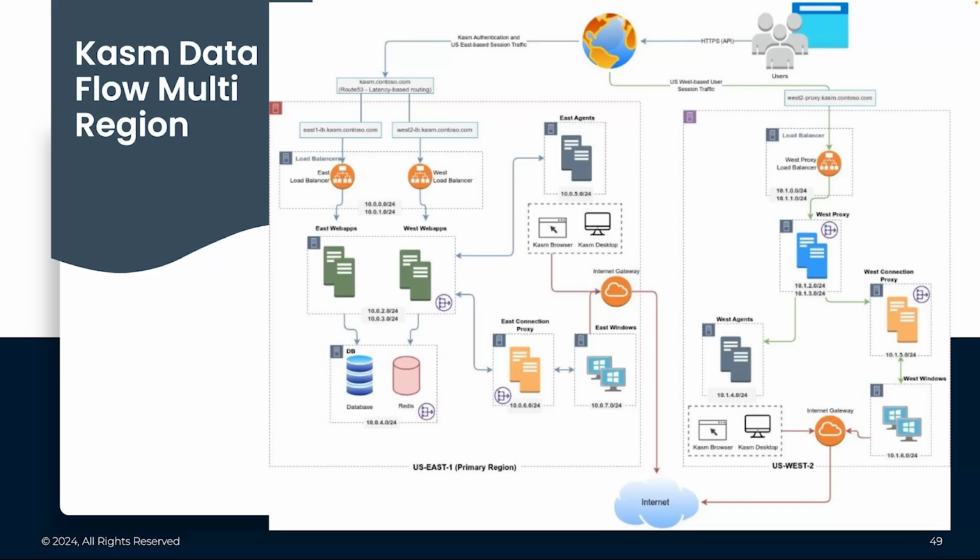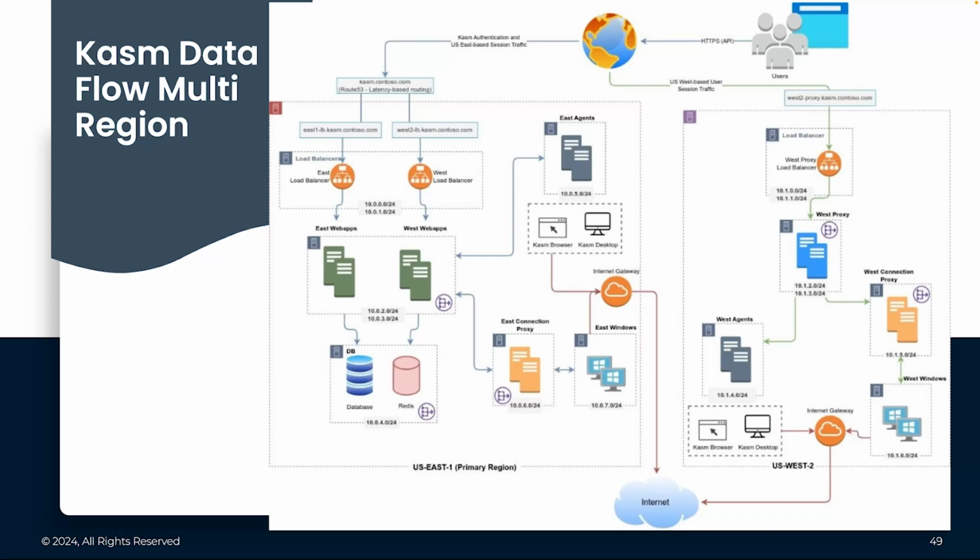So again, that load balancer is going to have any number of proxy servers behind it, but that proxy server is then going to be doing the connection out to either the Docker instances of the West agent group here, or again, the Guac service, and then ultimately to Windows services.